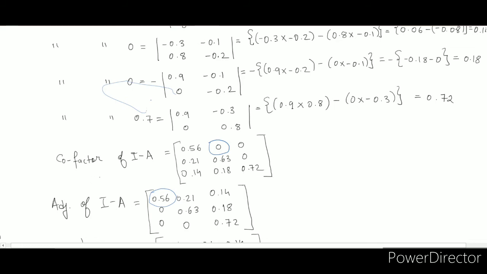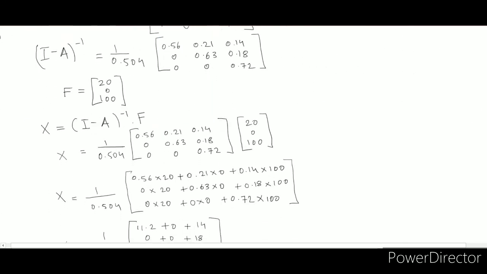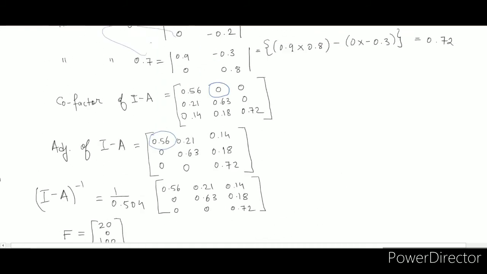Now the next step is to find the adjoint matrix of the identity matrix minus the input coefficient matrix. The adjoint is nothing but the transpose of the cofactor matrix. Transpose means you interchange the rows and columns.